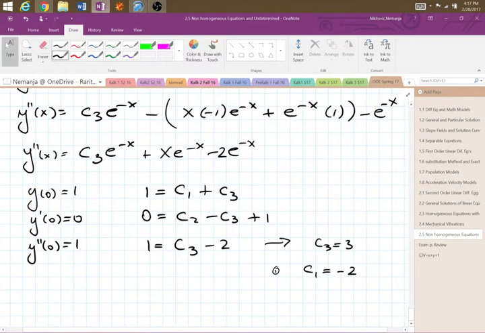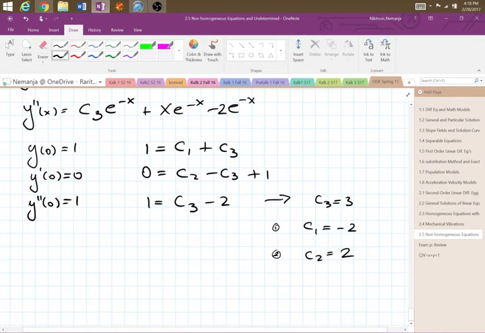And now I have C2, which is C3 minus 1, from the second equation, C2 is C3 minus 1, so positive 2. Nice.